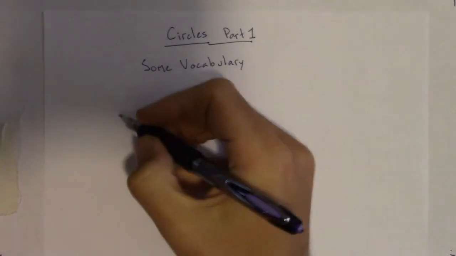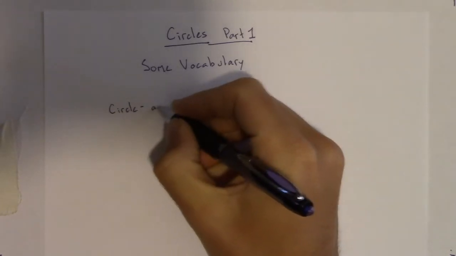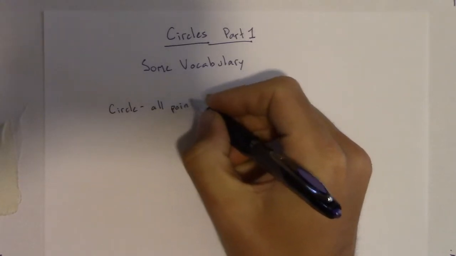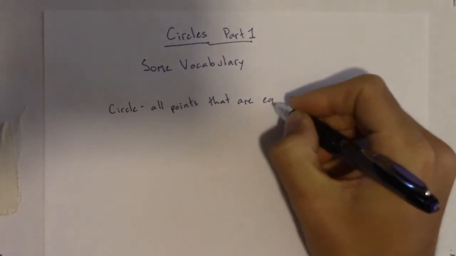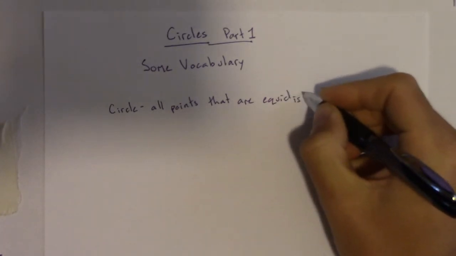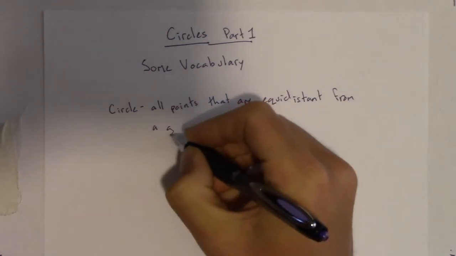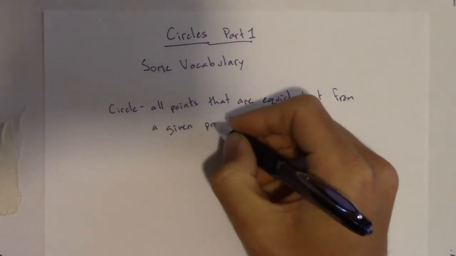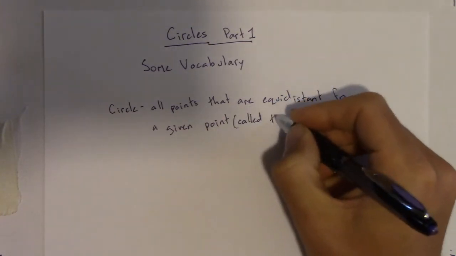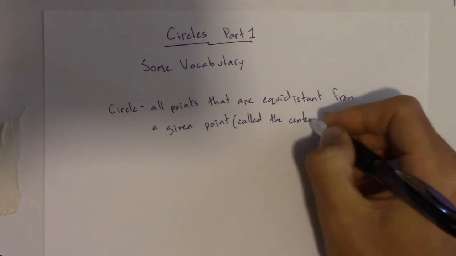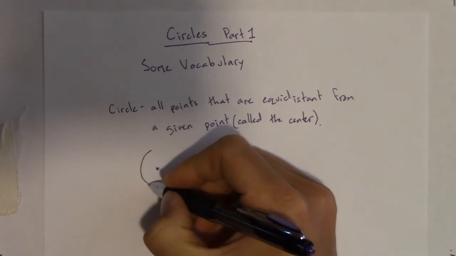So first up, by definition, a circle is all points that are equidistant from a given point called the center. Okay?